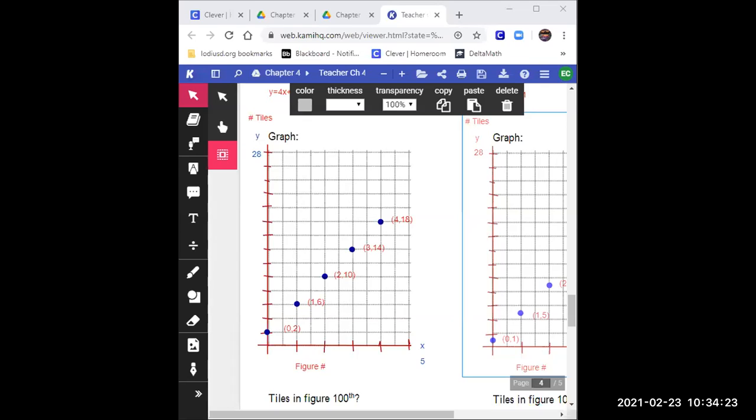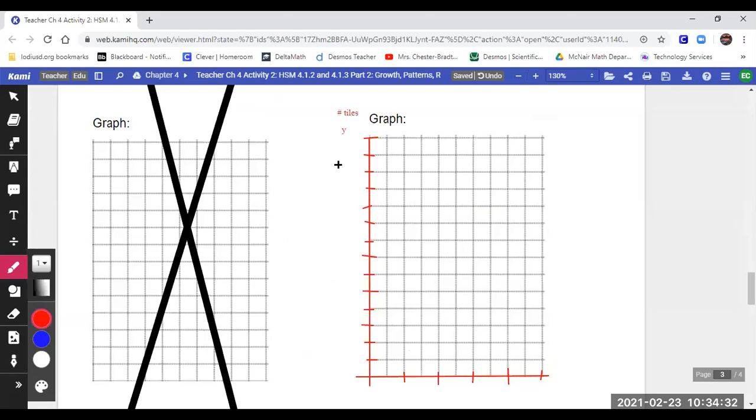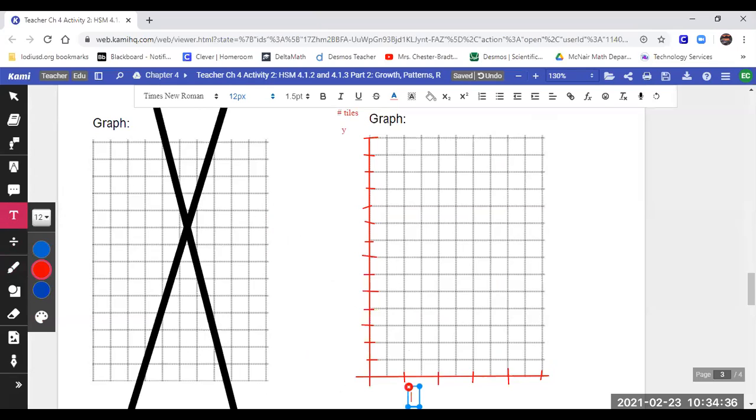This is our figure number. It is our X. How far did we go? Our Y went to 28. Our X is going how far?